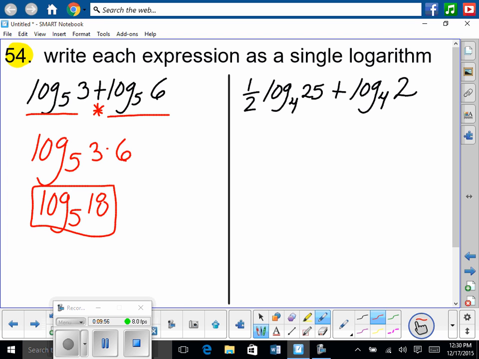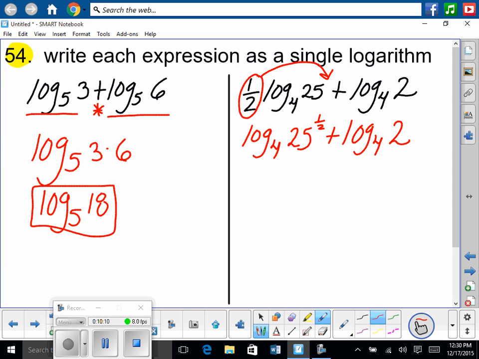With this one, the first thing we need to take care of is this: what's being multiplied is always an exponent. So you've got to take care of that first. So I have log to the base 4 of 25 raised to the 1/2 power plus log to the base 4 of 2. And now that I fixed the powers, I can rewrite it as 1 log. So now because of that plus sign, we're multiplying, but rewriting it as 1 log.